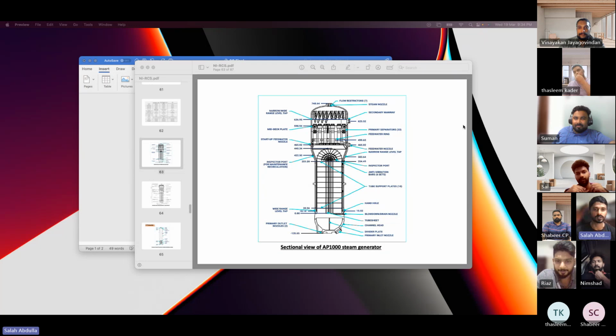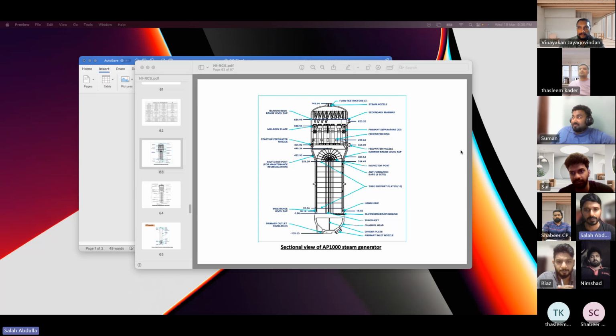As I said, this is the sectional view, so we can divide it into a primary side and secondary side. The hot reactor coolant at about 310 degrees Celsius enters the primary inlet, circulates through the thousands of U-tubes, and exits at a lower temperature of about 280 degrees Celsius. Then the secondary side is the steam side, where the steam is produced.